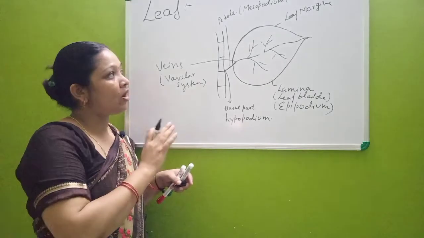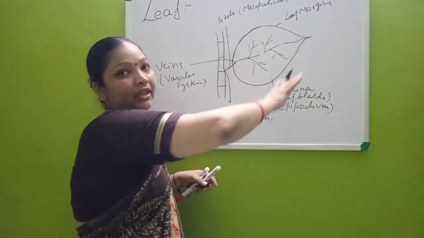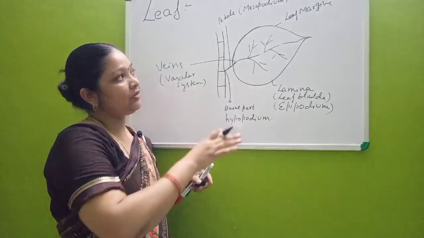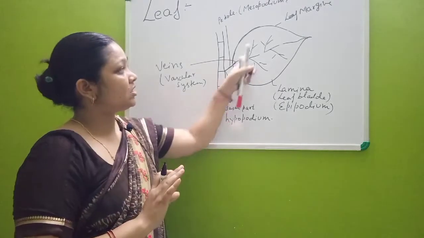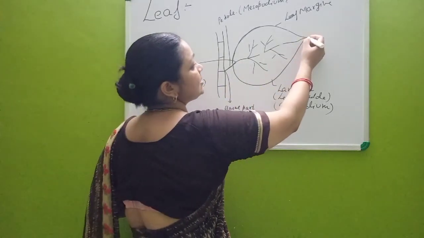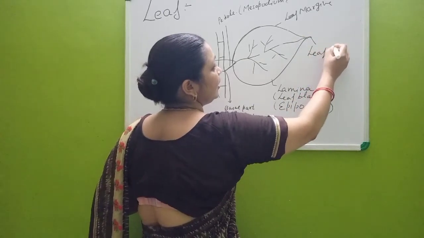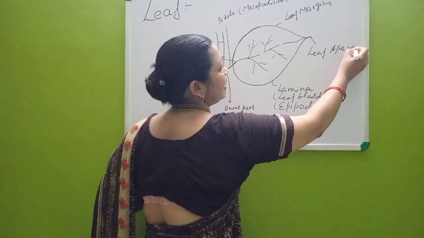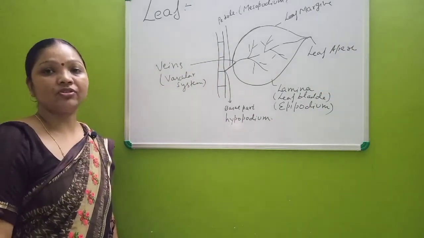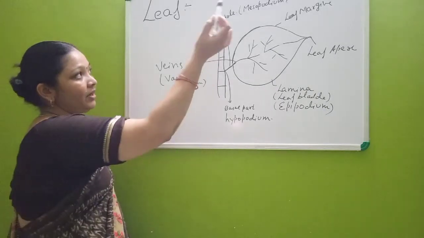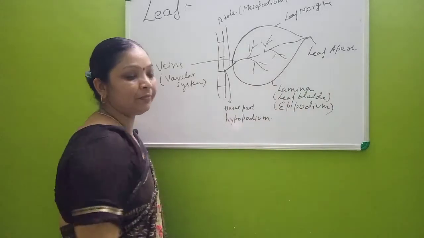But in this leaf I am making a continuous leaf margin. So this is the leaf margin, and the pointed end of the leaf is called the leaf apex.